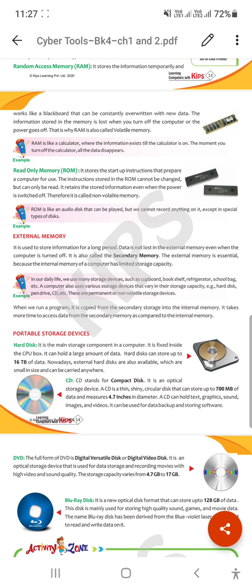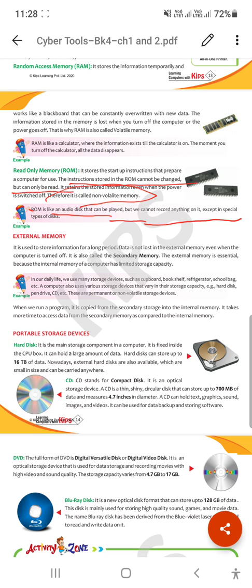The instructions stored in ROM cannot be changed but can only be read, and it is not a volatile memory. RAM is a volatile memory, but ROM is not. ROM is like an audio disc that can be played, but we cannot record anything on it.